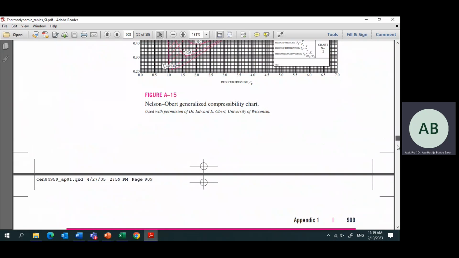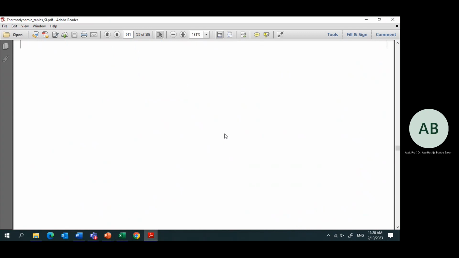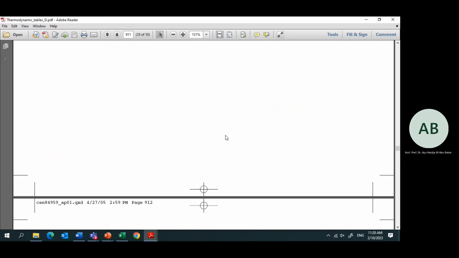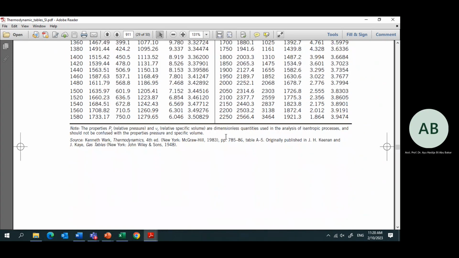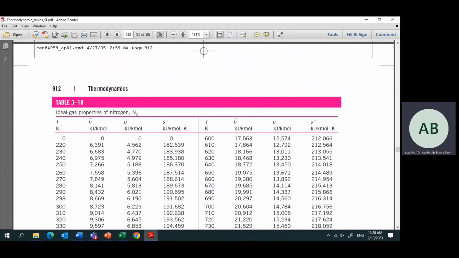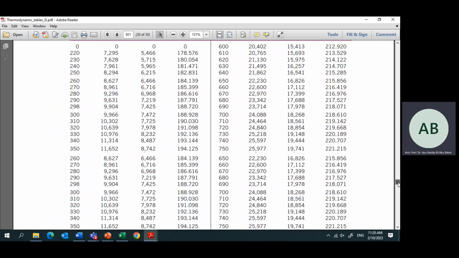You can print out starting from table A18 until table A27, where it starts with the ideal gas properties of nitrogen.